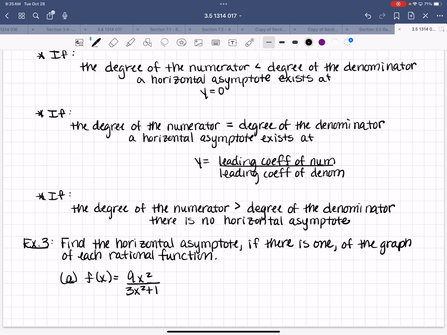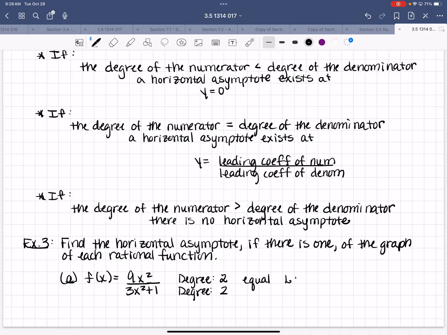Okay. So the first thing I need to check is the degrees of the numerator and the denominator. What's the degree of the numerator? Square. Yeah, so 2. Good. What's the degree of the denominator? So 2. They are equal. What do I do if they're equal? It's the leading coefficient of the numerator over the leading coefficient of the denominator.